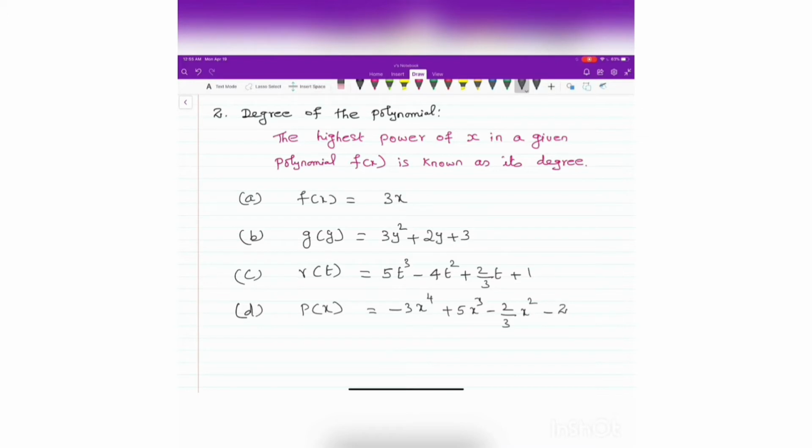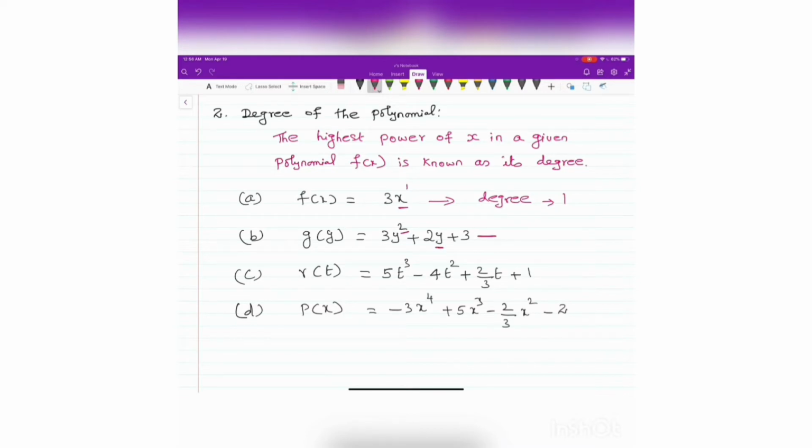If you see the first one, the power of x here is 1. Therefore, the degree of this polynomial is 1. Coming to the second one, the highest power here is 2, power of y, because here the power is 1.